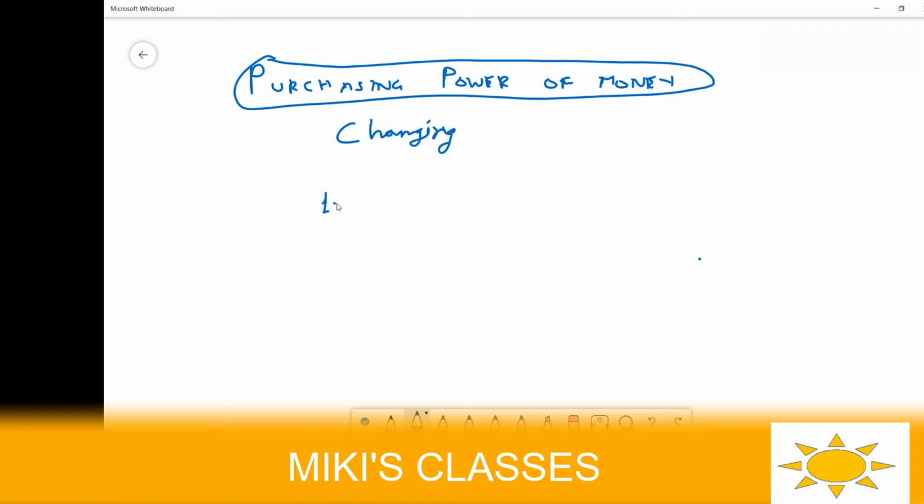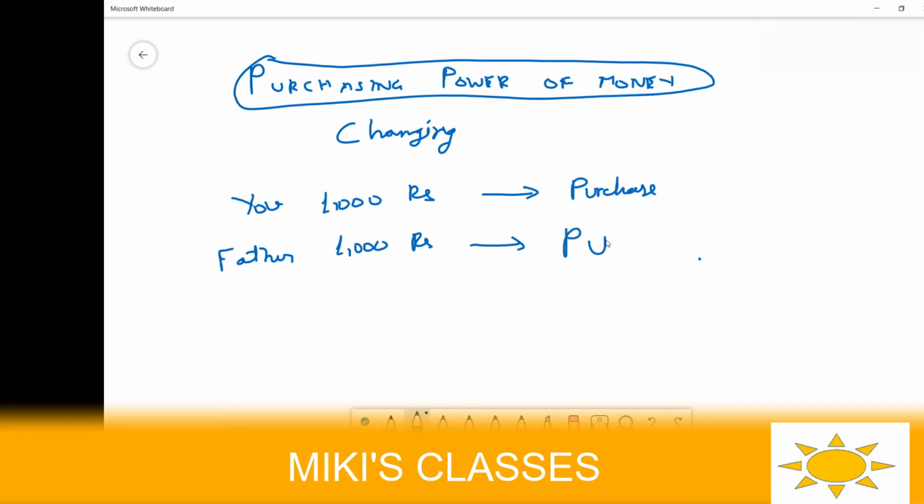Today, if you spend 1,000 rupees, what all you'll be able to buy, the purchases which you'll make will be different from, let's say, 10 years back. This is you. This is, let's say, your father 10 years back. If he would have spent 1,000 rupees, his purchases would have been much bigger, right? Because with 1,000 rupees at that point, you would have been able to purchase a lot more goods, a lot more services, isn't it?